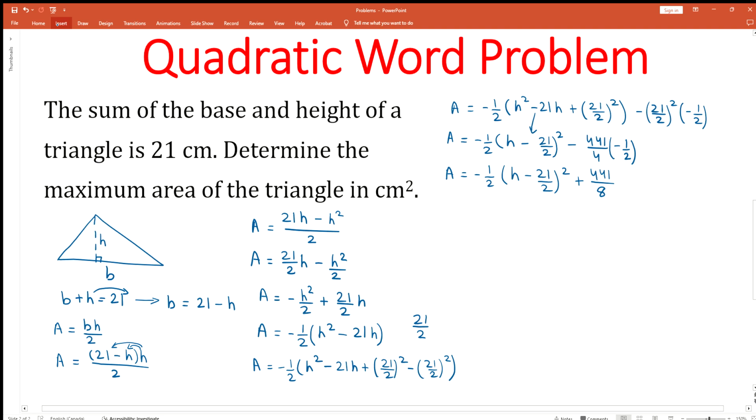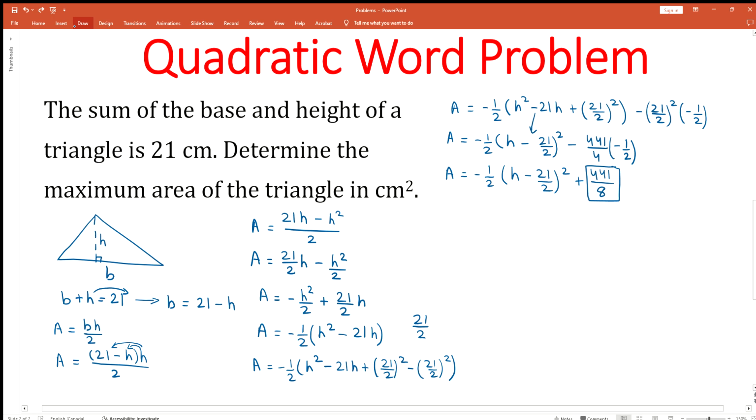This is the area equation in vertex form. We have to determine the maximum area of the triangle. The maximum area is the y-coordinate of the vertex, and as per this equation in vertex form, the y-coordinate of the vertex is 441 over 8.